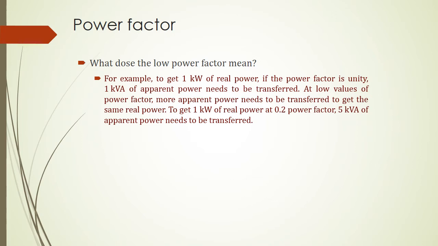Even worse, if we want to get 1 kilowatt of real power at 0.2 power factor, in total we need 5 kilovolt-ampere of apparent power to be transferred via the transmission line, and therefore we need to design the whole transmission line to be able to deal with 5 kilovolt-ampere.